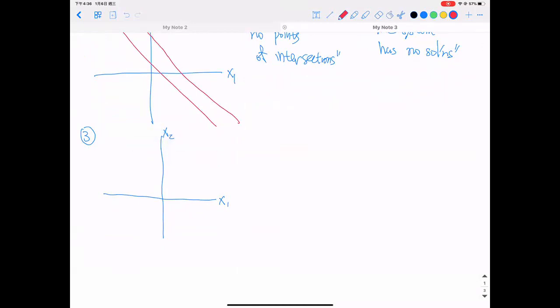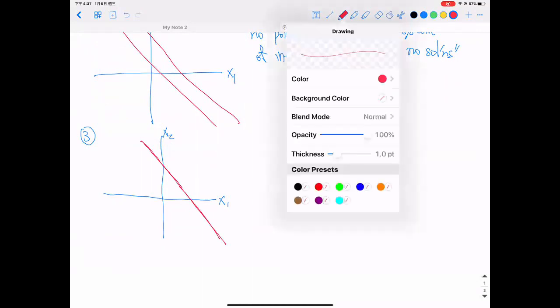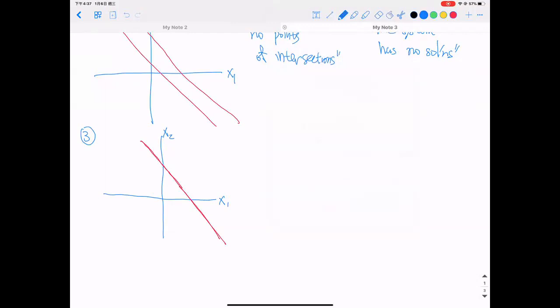Now, it may just happen that both equations give you the same line. So the two lines are the same, the two lines are identical.